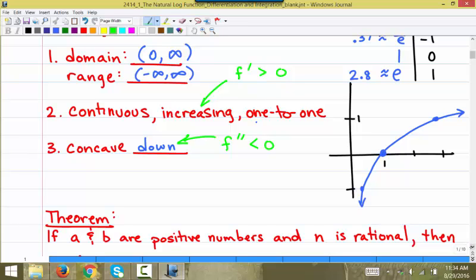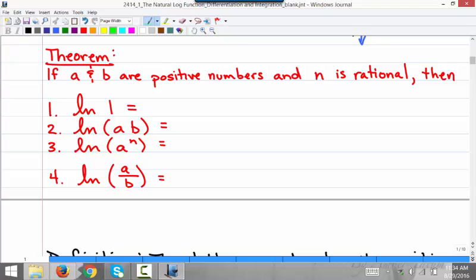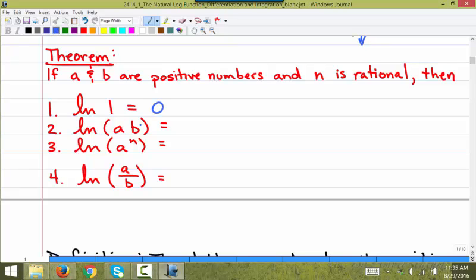All right, another theorem. If a and b are positive numbers and n is rational, what's the natural log of 1 always equal to? 0. Okay, the natural log of a product, the natural log of a times b, you can split that up as the sum of two natural logs: natural log of a plus the natural log of b.